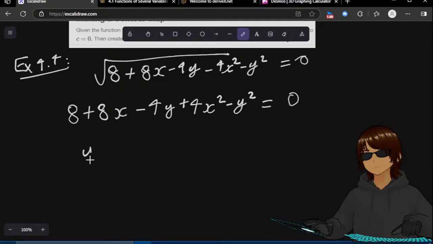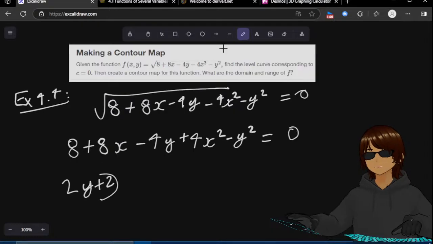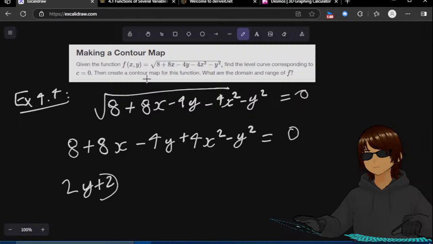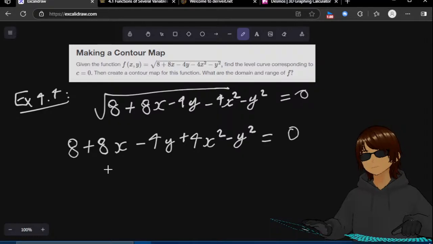Hold on. If I do 2y plus 2, there's no xy, right?